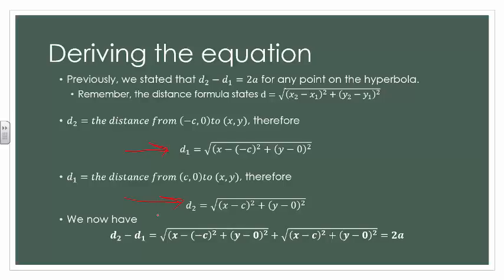So, inserting our two new distance formulas, we now have d2 minus d1 set equal to the square root of x minus -c, quantity squared, plus y minus 0, quantity squared, plus the square root of x minus c, quantity squared, plus y minus 0, quantity squared. Remember, d2 minus d1 equals 2a.